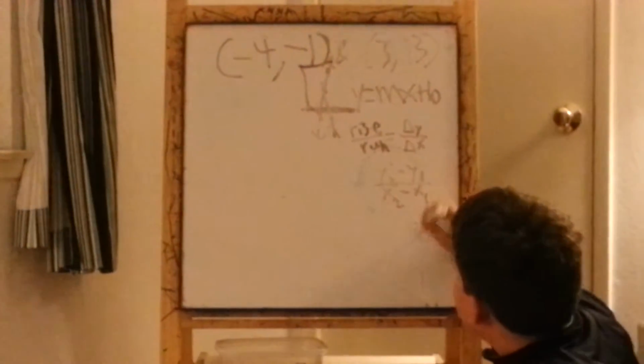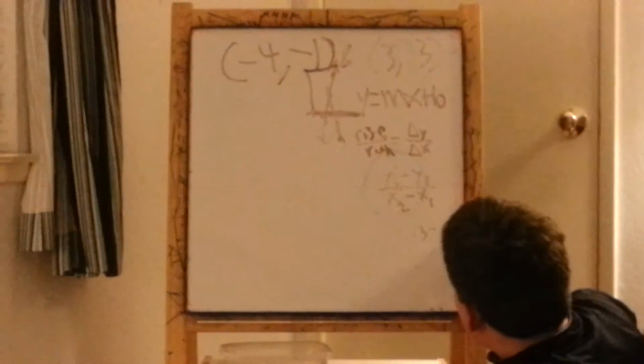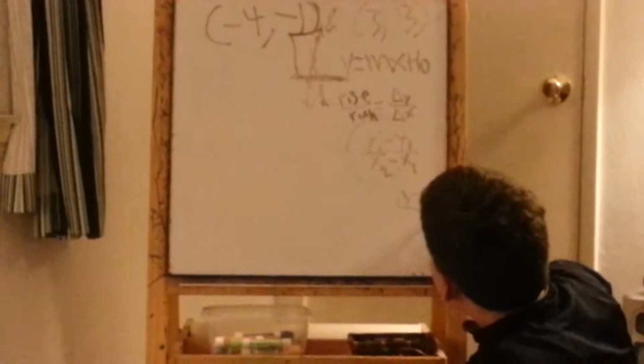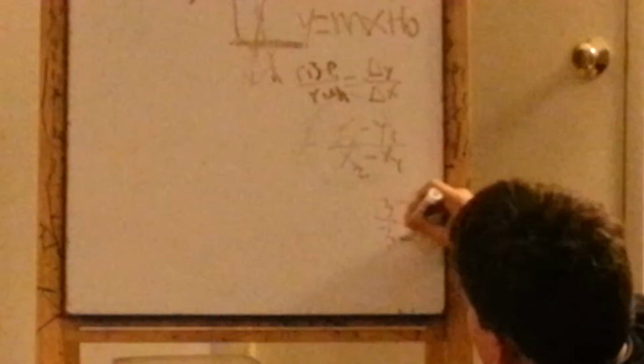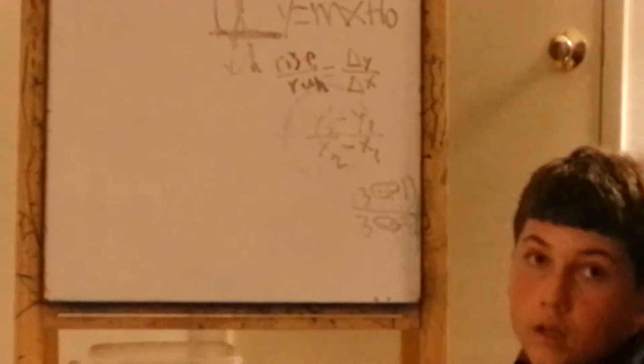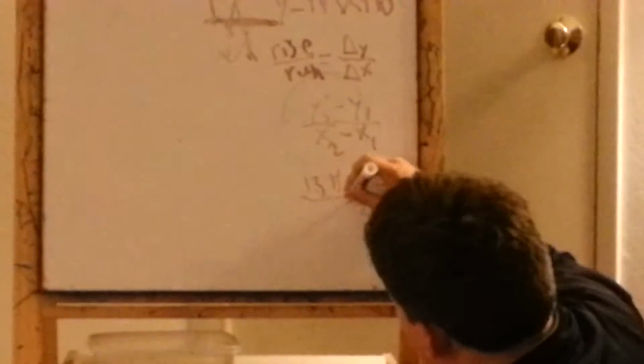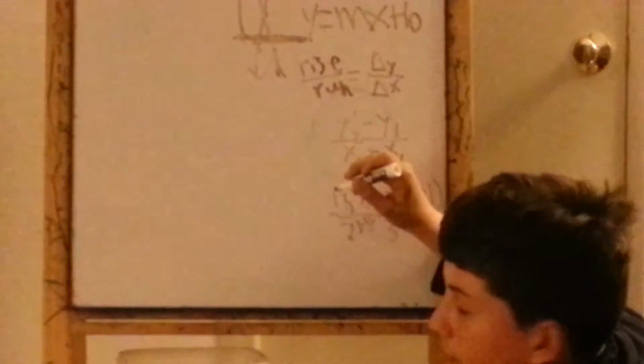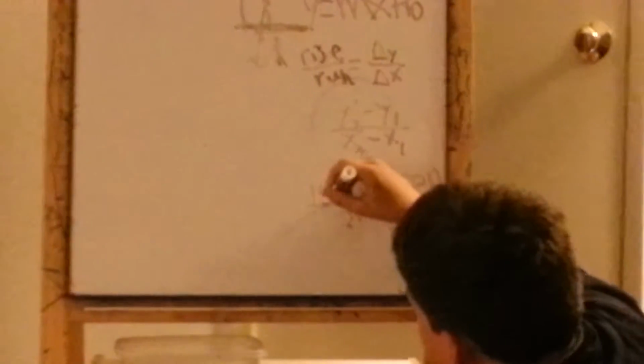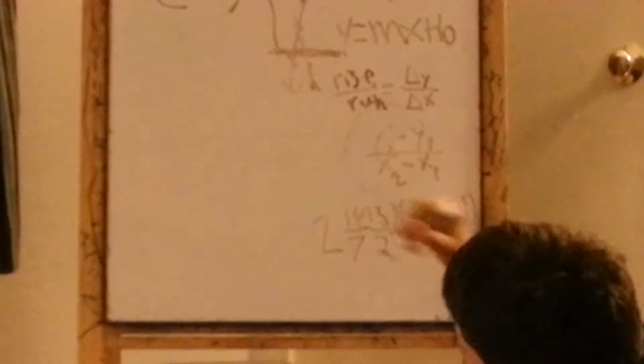So 13 minus -1 divided by 3 minus -4. These 2 negatives and these 2 negatives make a positive. So 13 plus 1 divided by 3 plus 4. Doing basic math, that's 14 over 7, or more simply, 2.